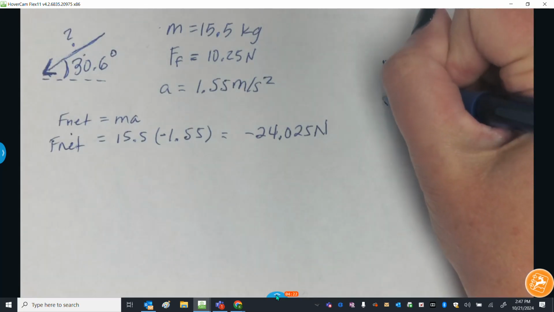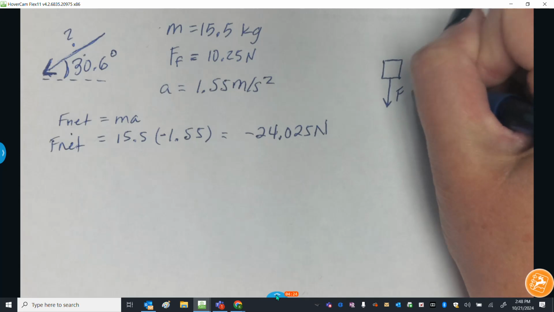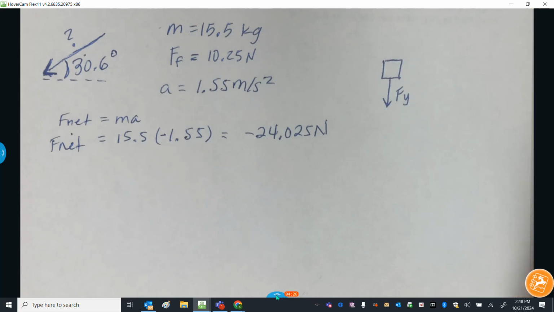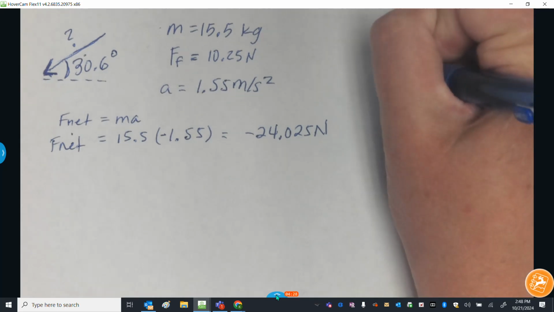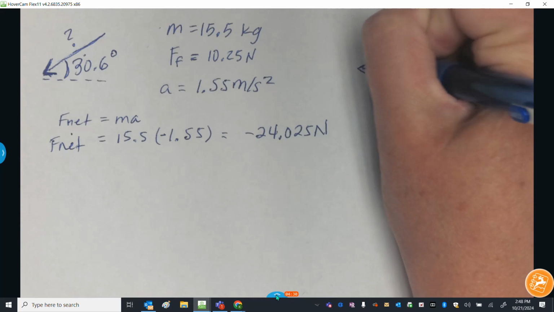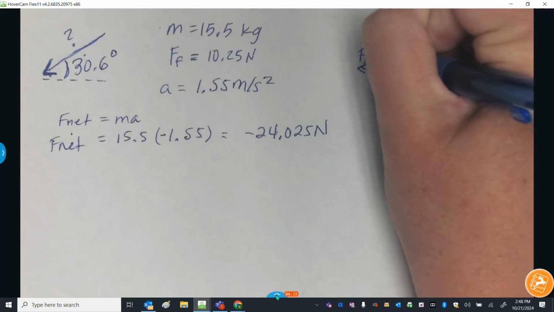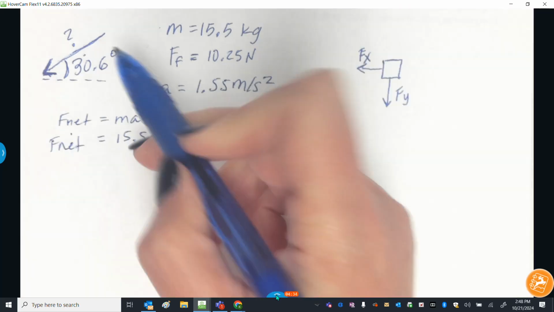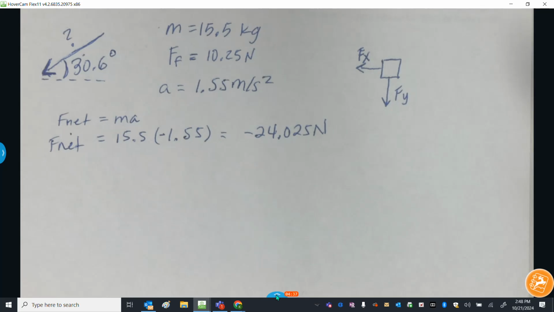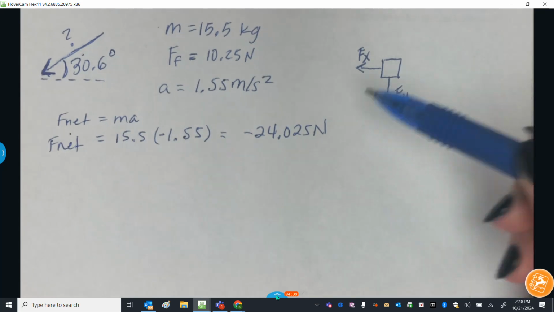So I'm going to draw those components. I'm going to call this one Fy because it's in the y direction. I'm going to call this one Fx. But those are the components of this applied force that we're going to be looking for. If you want to draw the applied force on here instead.